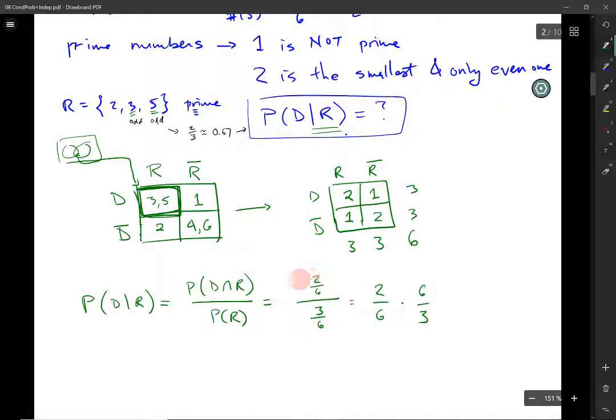So 2 out of 6 is the numerator, and when you want to divide by something in the denominator, you can multiply by the reciprocal. So the old sample space goes away, and we have the new one. And that's how we use the conditional probability formula to show that it's 2/3.